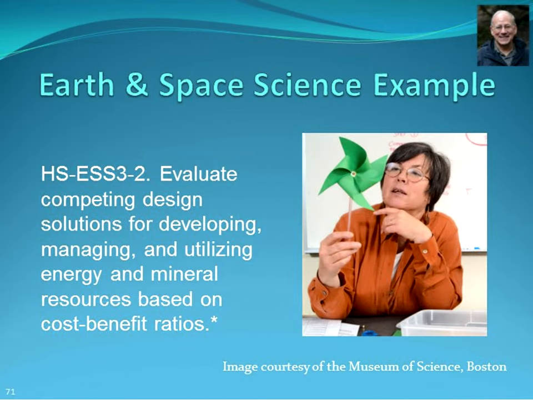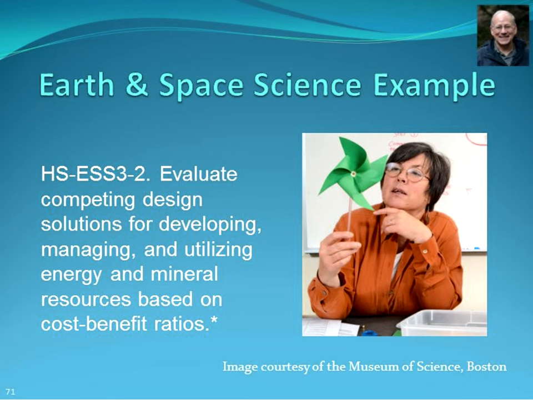And of course, the third one is going to be Earth and Space Science. And this example says evaluate competing design solutions for developing, managing, and utilizing energy and mineral resources based on cost-benefit ratios. So we saw, you're looking right now at the chat window, alternative energy concepts and problems, solar power, and then comparing those with other types of power generation.